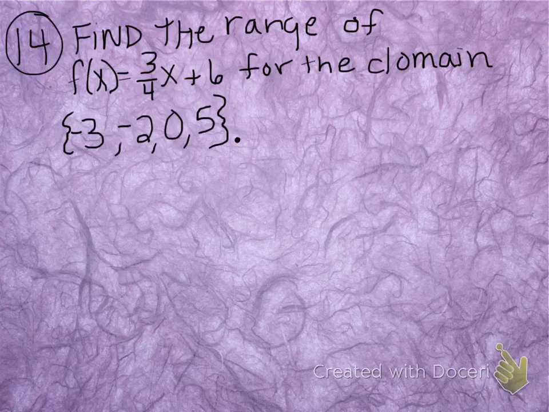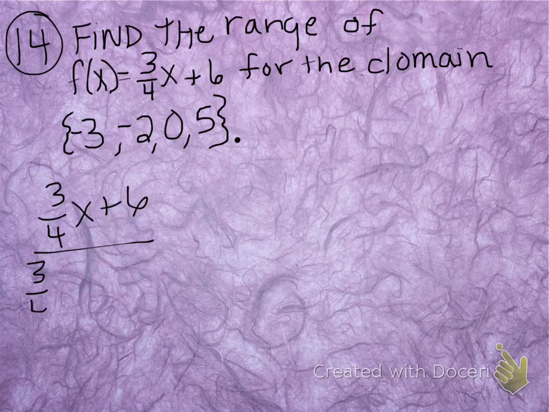All right, and finally we have 3/4 x plus 6 with -3 plugging in. So we have 3/4 times -3 plus 6, which is going to end up as -9/4 plus 6.